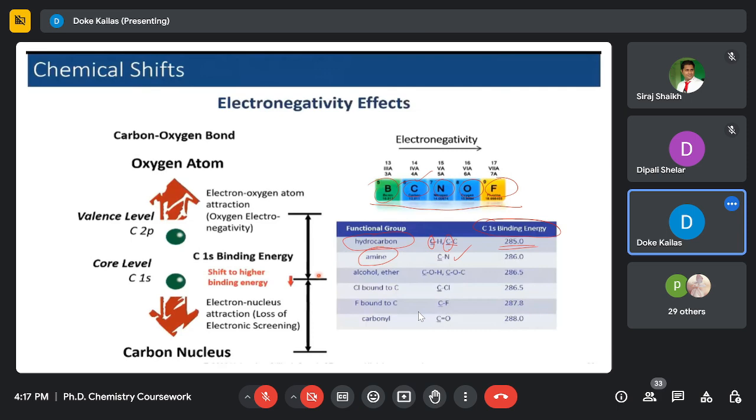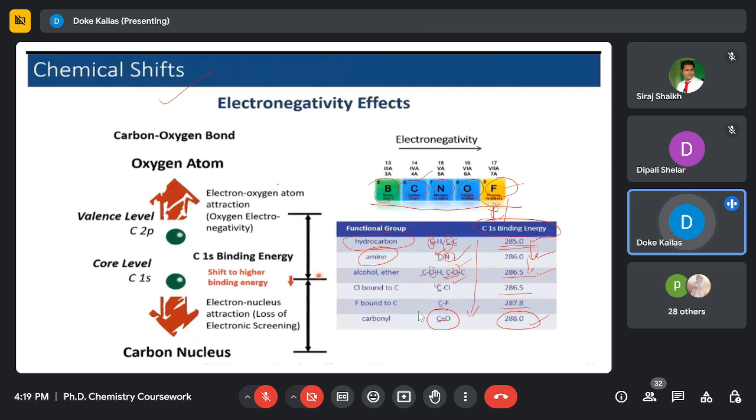So whether the constituent atom binds with electropositive or electronegative elements plays a very important role, and in NMR spectra this is called the chemical shift. We can say elemental shifts or chemical shifts.